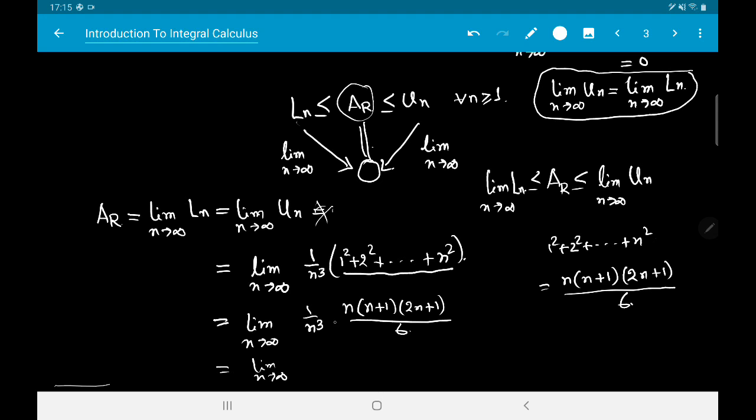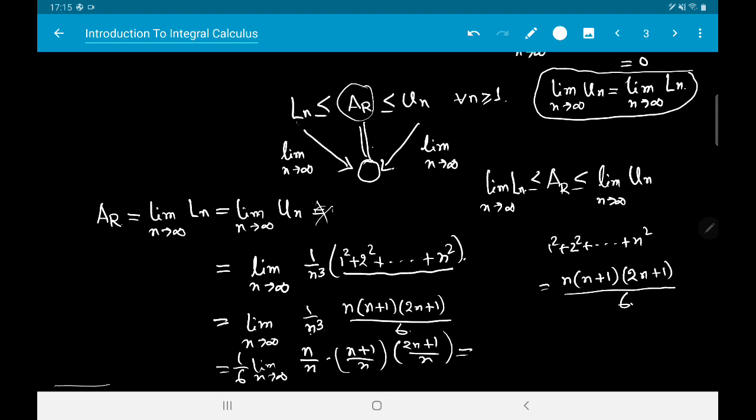If you want to compute this limit, I am sure that you have seen this in your calculus 1. So what I will do is take 1 n from each factor and divide into this. So this is n by n times n plus 1 by n times 2n plus 1 by n, and this 1 by 6 is constant, so this can come out.